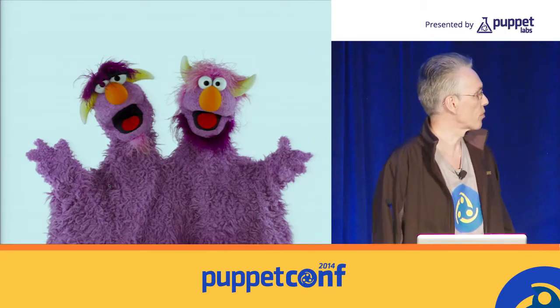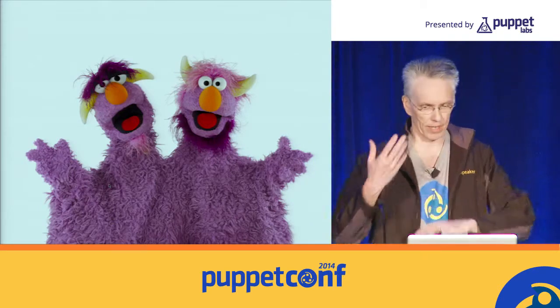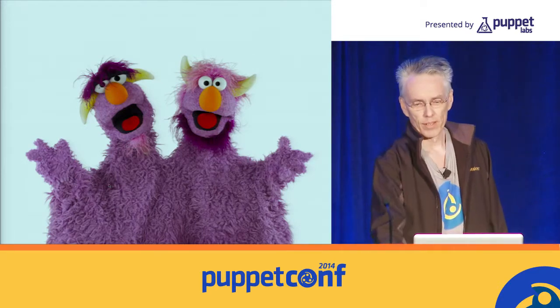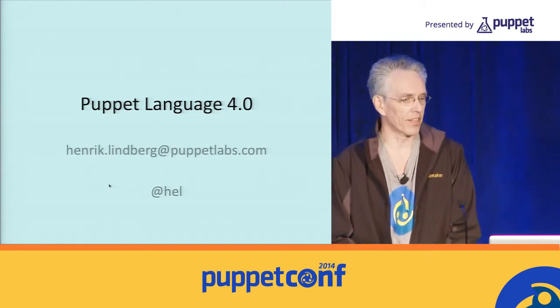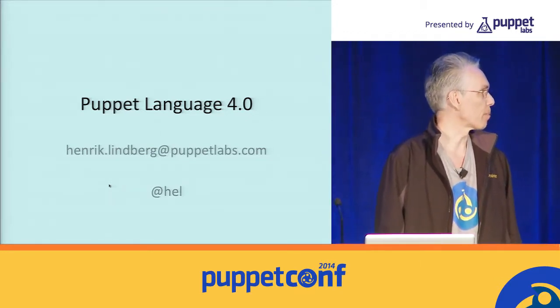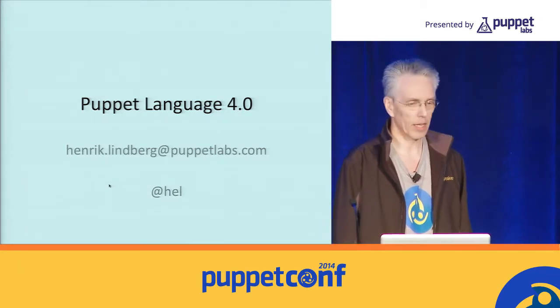And in Puppet 2.7, one of the heads was sewn on backwards, so you don't really know how this thing worked. So yeah, I'm here to talk about fighting this monster and creating a new one called the Puppet Language 4.0. You see my contact details there, Twitter and email.